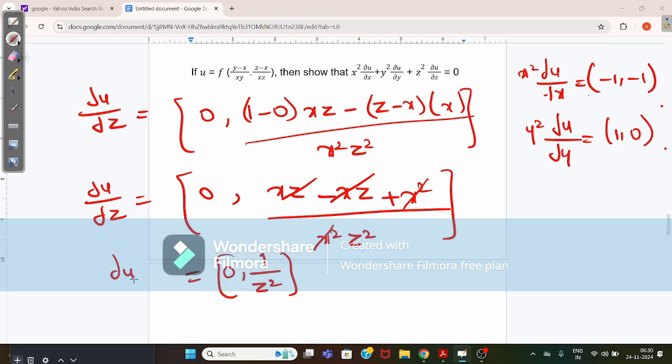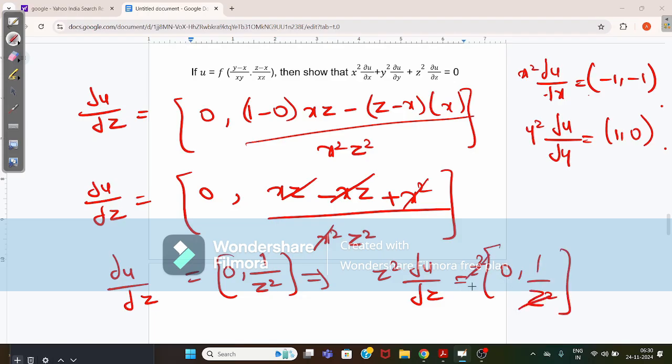Now dou u by dou z value is this, so z square dou u by dou z value becomes 0 comma z square into 1 by z square. So this value becomes cancelled out, so this value is 0 comma 1.